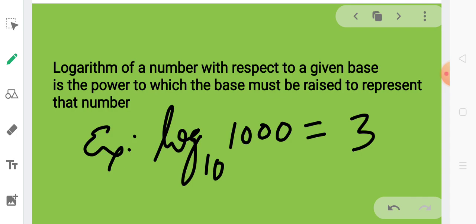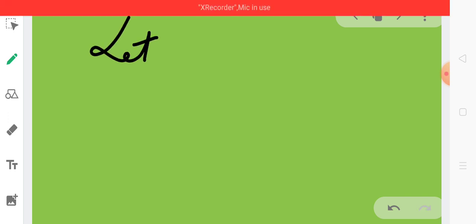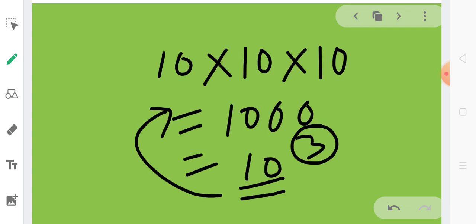Now we can generalize this result for any number. Suppose I say let a number n is equal to a to the power x. Just relate it with 1000 equal to 10 to the power 3.